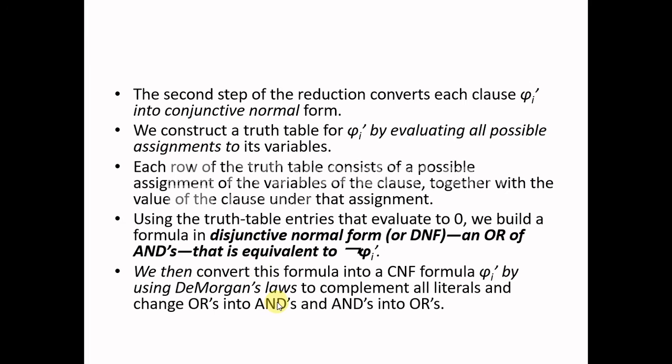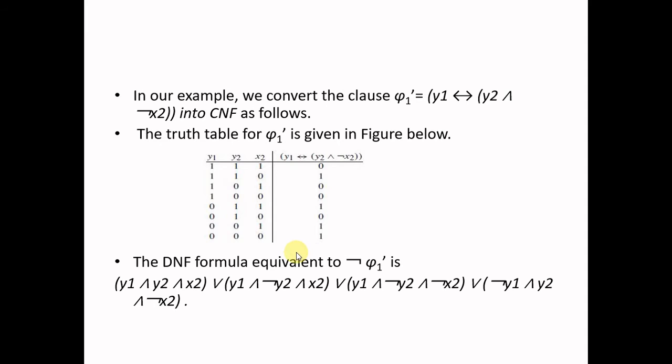Let us take one example, the clause phi 1 dash, that is y1 if and only if y2 and negation x2, and convert it into CNF. The truth table for phi 1 dash is given below.